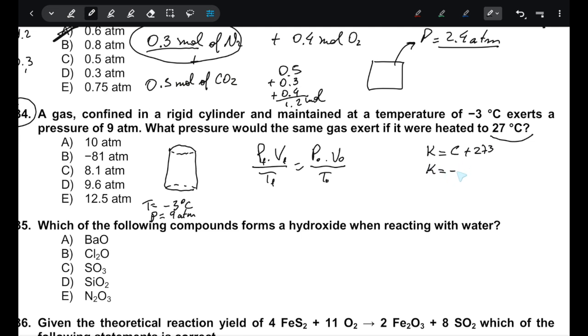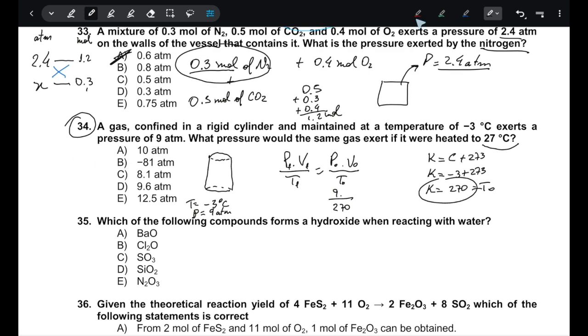Kelvin is going to be minus 3 plus 273. Kelvin is going to be 270. So this is my initial temperature. All right, there you go. I'm going to put it already here. And my initial pressure, 9 atm. My initial volume, another important thing here is he told us that it is a rigid cylinder.